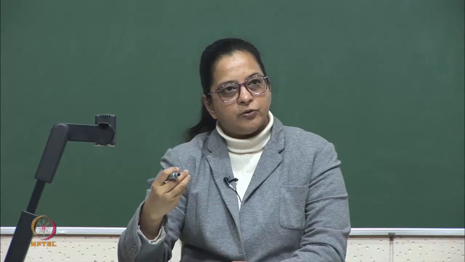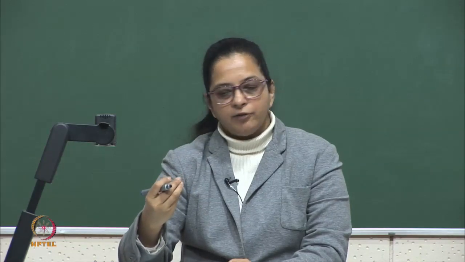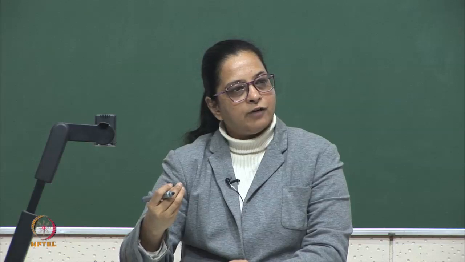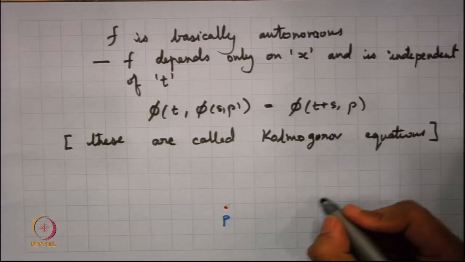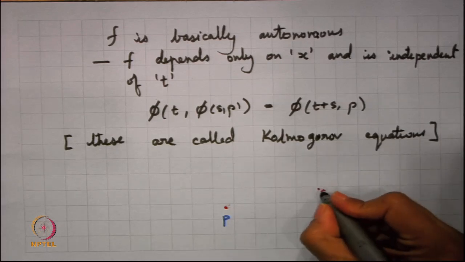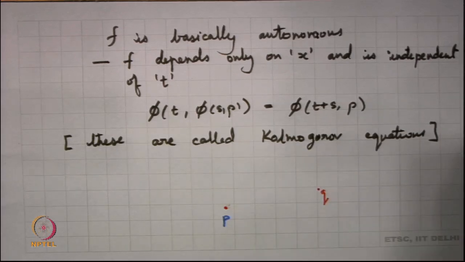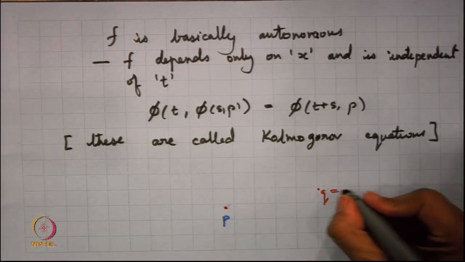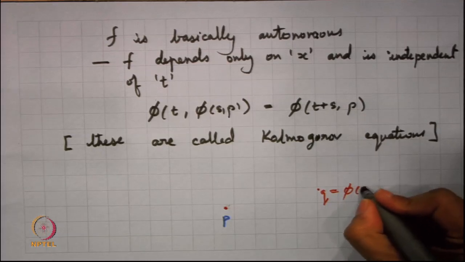Where does p move after time equal to s? Suppose that it reaches a point q. So this is my p, and one finds that it reaches this point q after time s. So basically my q happens to be equal to phi of s, p.